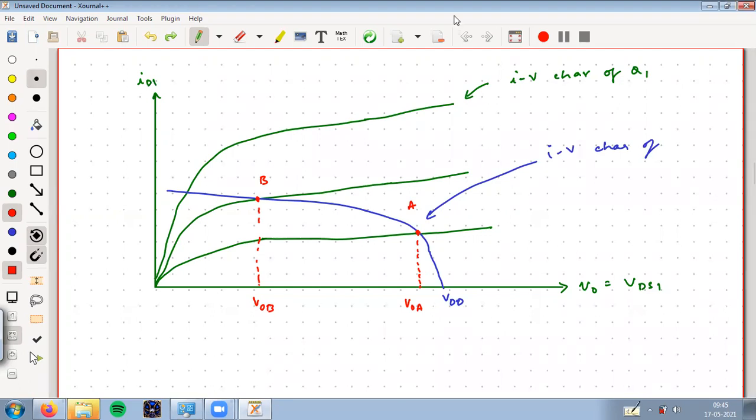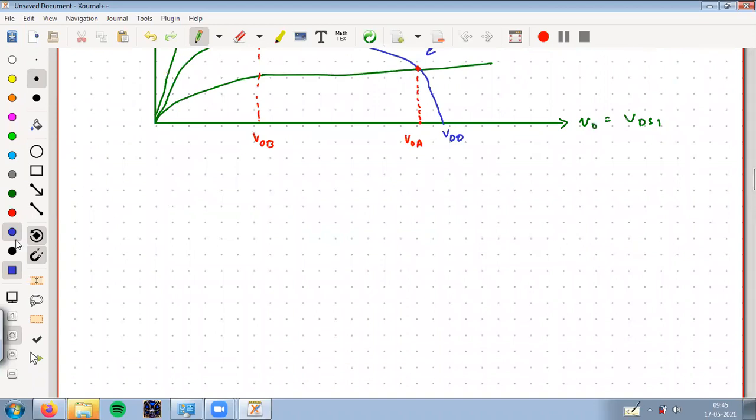I'll write it in the form of a table. Before point A, if you look at the graph, this is Q1, color coded green, and this is Q2.